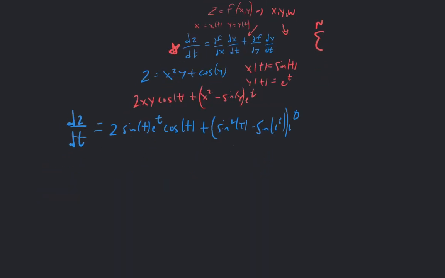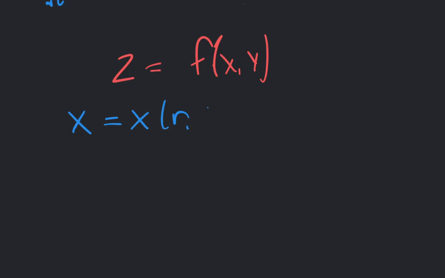The chain rule can also be a little bit harder. Let's say we can have z is equal to f of x, y as before, but it can get a little more complicated. Let's say x is not a function of t anymore, but x is now a function of r and s, just as y is a function of r and s too.